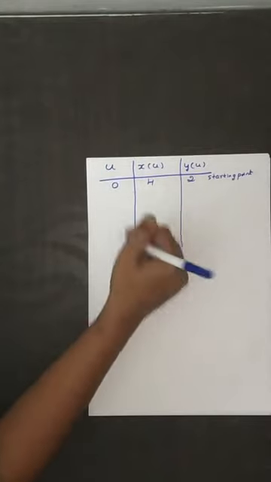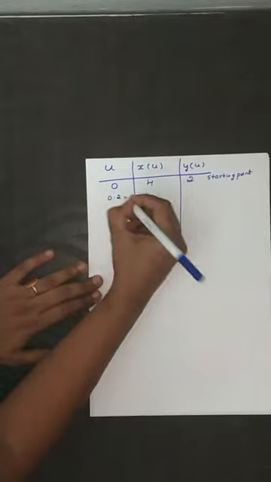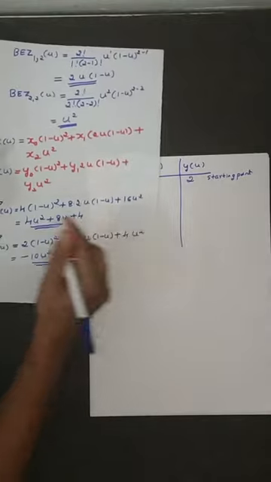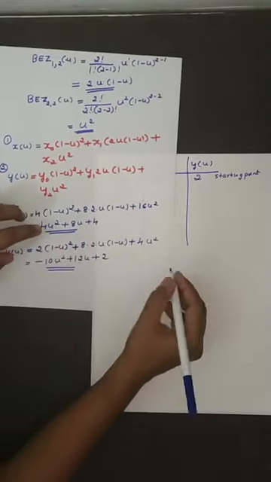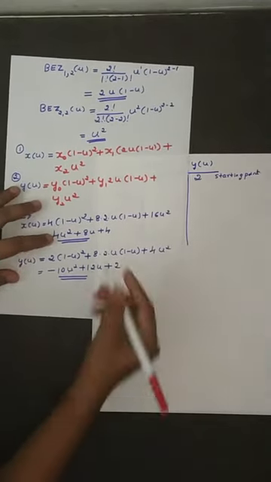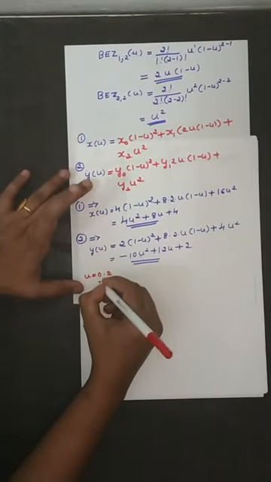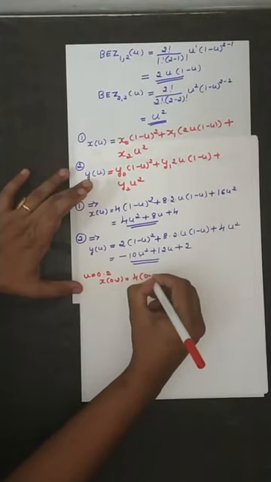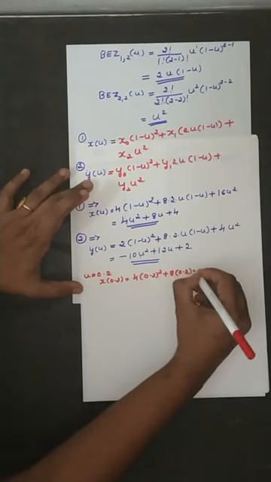Now you can consider any point in between 0 to 1. I will assume 0.2. So u is 0.2, substitute. If you substitute u is equal to 0.2, then x of 0.2 is 4 into 0.2 square plus 8 into 0.2 plus 4.